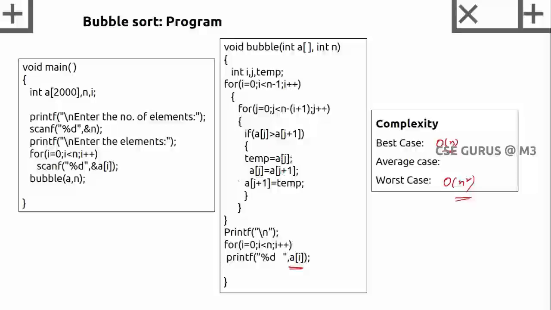If this condition is never true in the first pass, I'll just take another variable here, something like flag or f. I'll give the value as 0, and if this condition is true at least once, I'll make the f value 1.